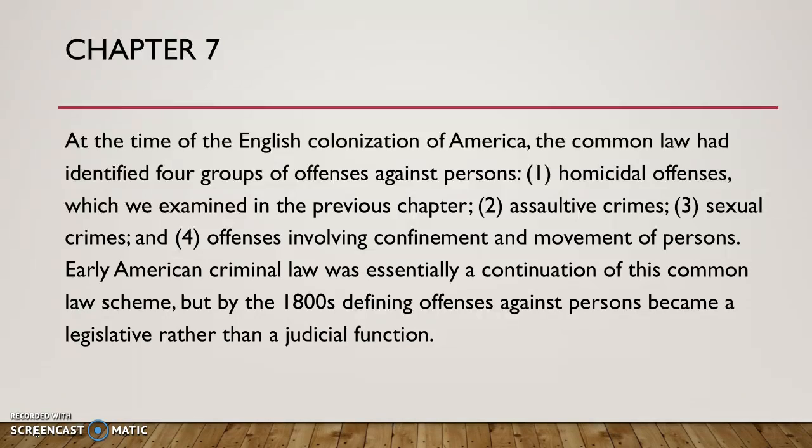And number 4, offenses involving confinement and movement of persons. Early American criminal law was essentially a continuation of this common law scheme, but by the 1800s, defining offenses against persons became a legislative rather than a judicial function.